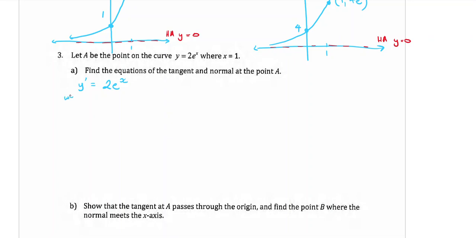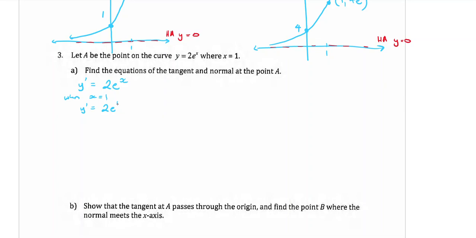So let's sub in when x equals 1. My y dash would equal 2e to the 1. Often we don't even write that little one, we just write 2e. Alright, so just 2e. That would be the gradient of my tangent.